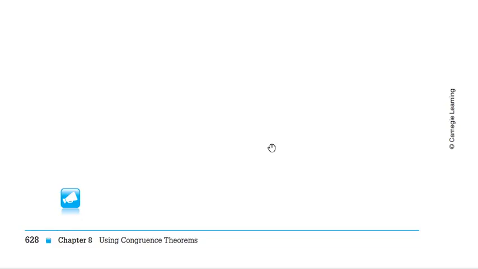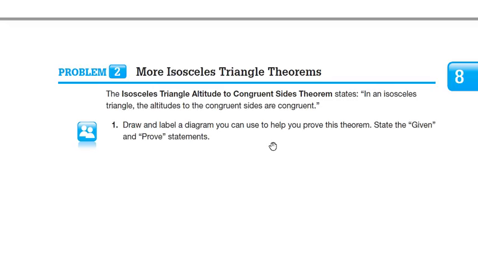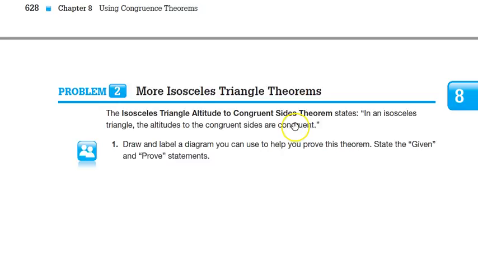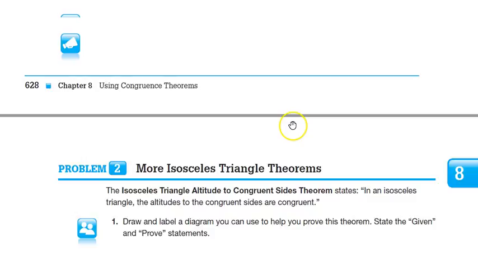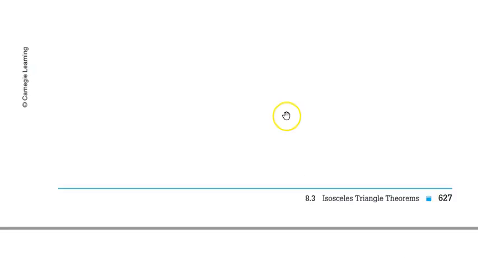Yep, perpendicular bisector. Okay, now you have the altitude to congruent sides theorem. So in this theorem it says, hey, if I draw the altitudes from one side to the other, then those altitudes are going to be congruent to one another. So now we're going to take a look here.